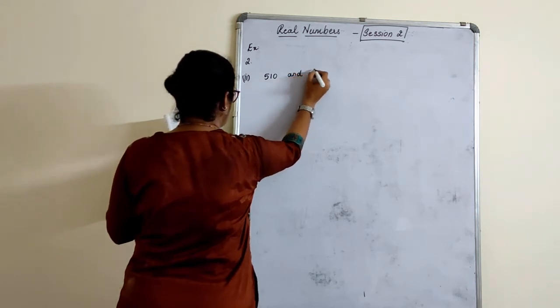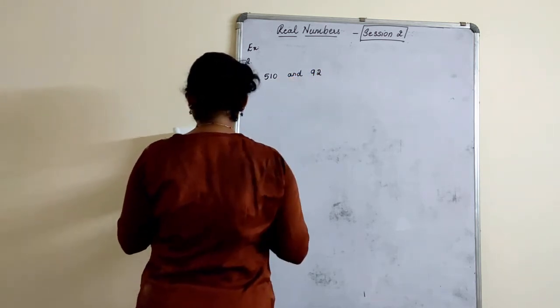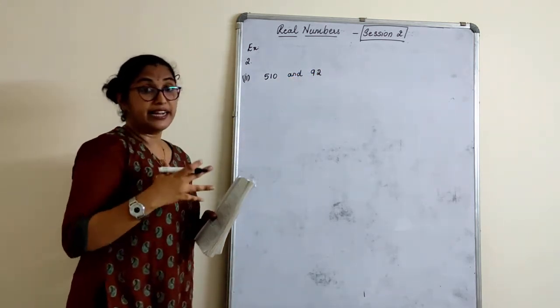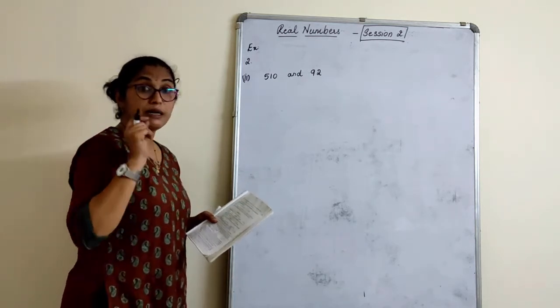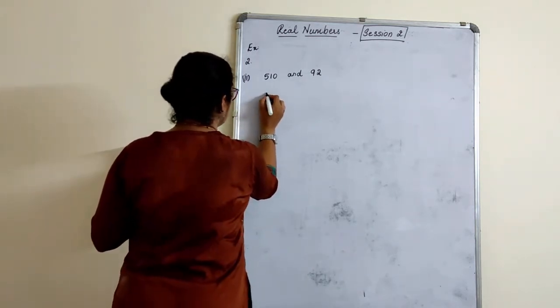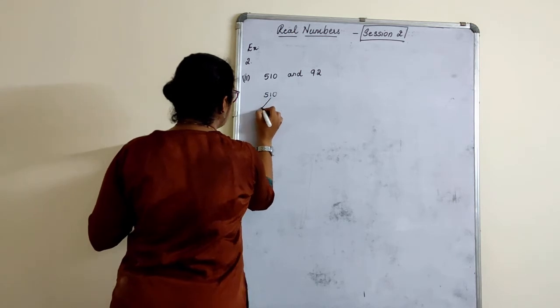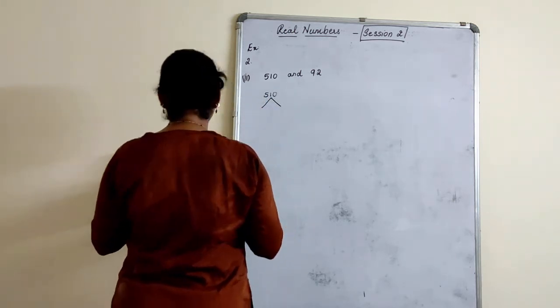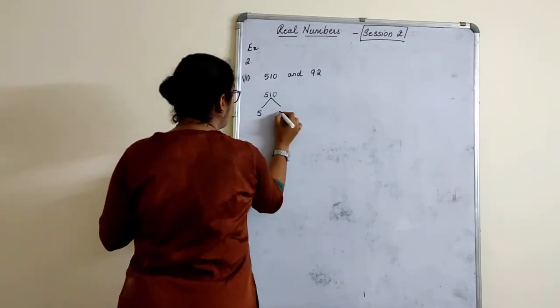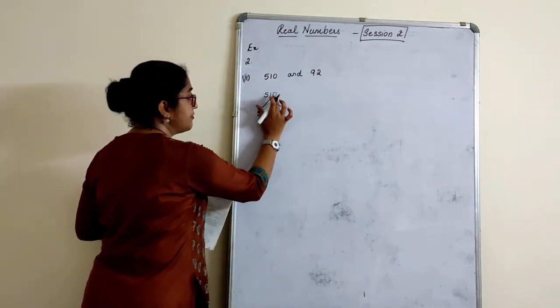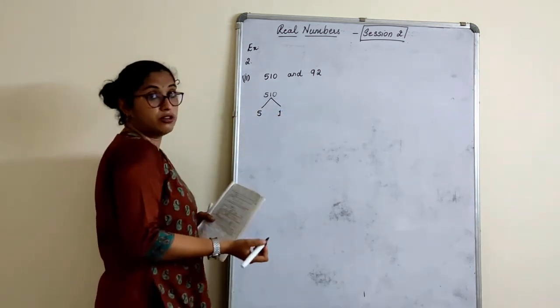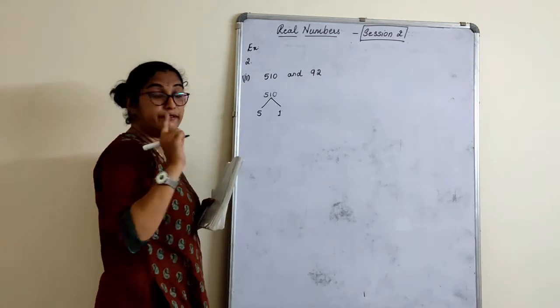510 and 92. So let's find the factors of 510 and 92 by the prime factorization method. So 510, when we talk about it, we'll start with 5. 5 ones are 5, 5 twos are 10, you do not write because two numbers at a time we are taking.